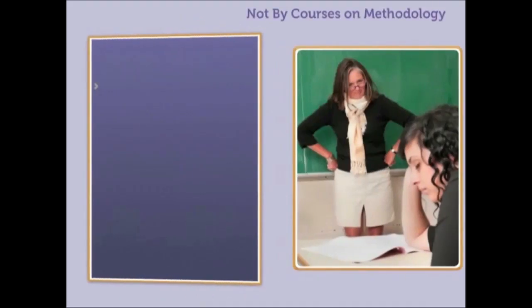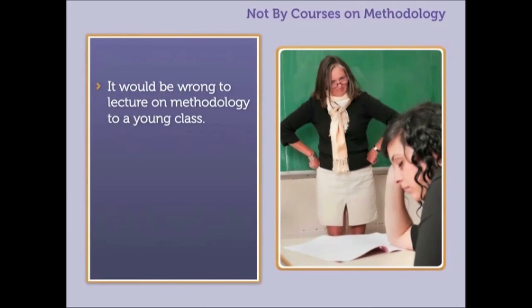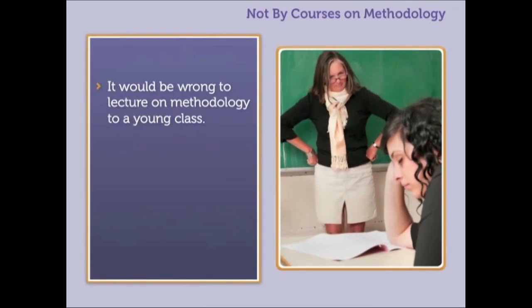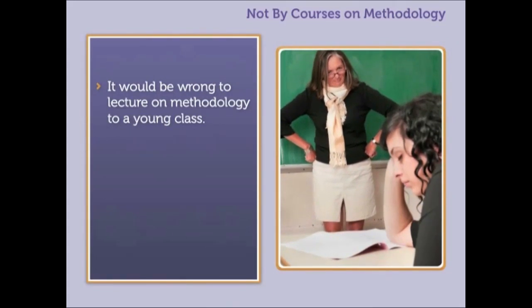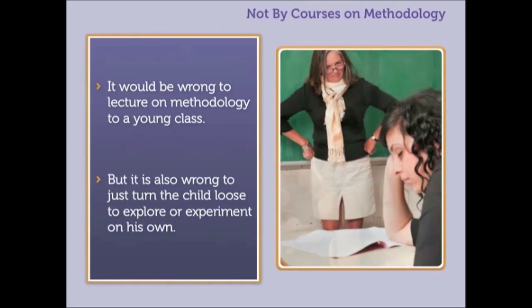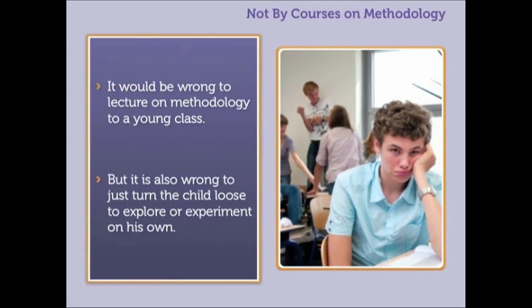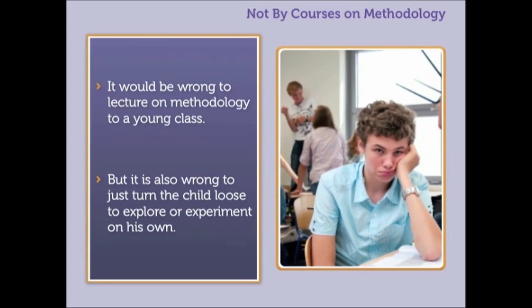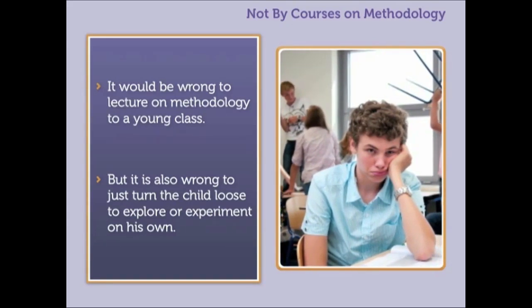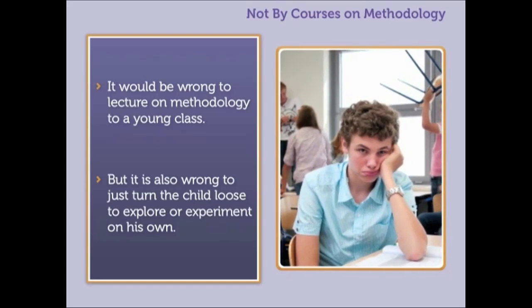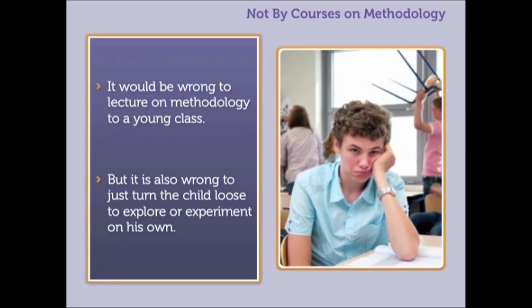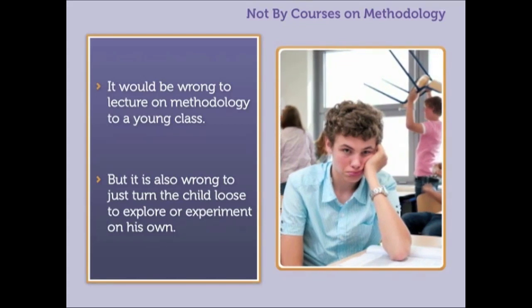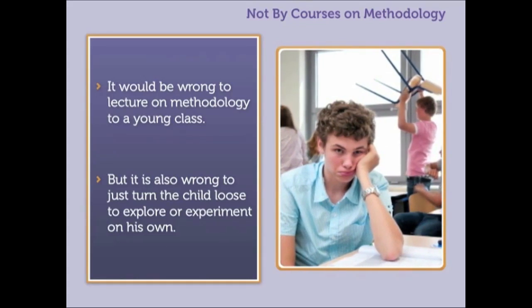Now, the modern progressive alternative to this rationalist idea that you sit down and lecture on methodology is just turn the kid loose and let him explore or experiment on his own and find out what, quote, works in solving his problems. That is complete abdication, because you're expecting the child to discover on his own the methodological discoveries of the whole human race to date. We've said already education must be directive.